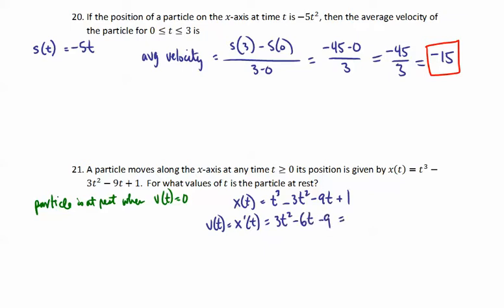We can factor out a 3 from that, and we'll get t squared minus 2t minus 3, and we want that to equal 0.